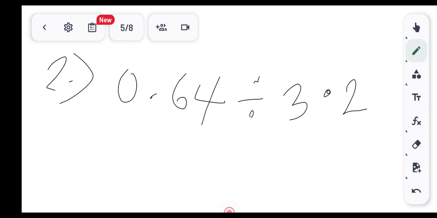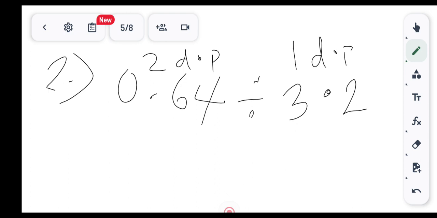Simple. What do we do? You take note of the DP as we said. 0.64 has 2 DP because after the point it has 2 digits. 3.2 has 1 DP because after the point it has just one number, that is 2.